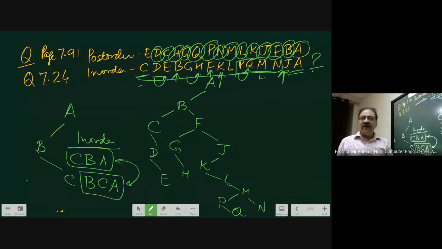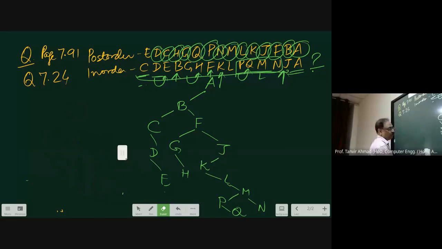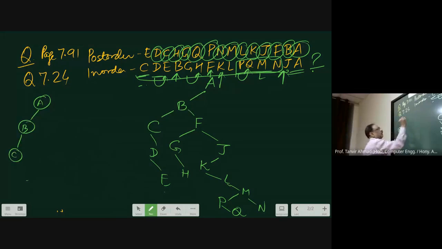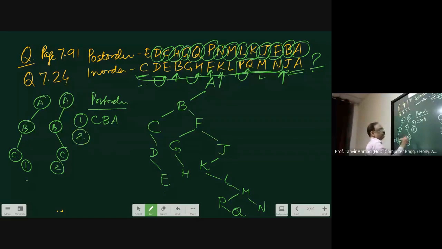If I am getting this tree, I am making this tree, and I am making this tree. You perform post order. Suppose this is the first tree and this is the second tree. For the first tree, the post order will be CBA. For the second tree, the post order is again CBA.